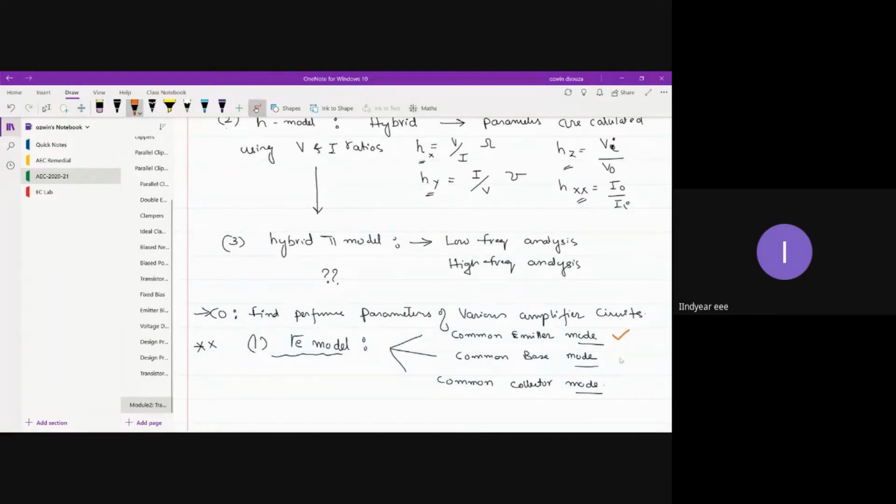Depending on the configuration, you can develop the re model for each. In our course, we will be developing the re model for common emitter and common base only. We will not be developing any re model for common collector mode.